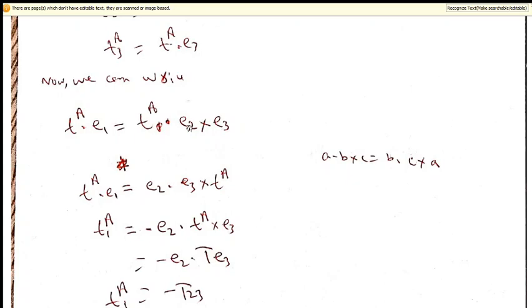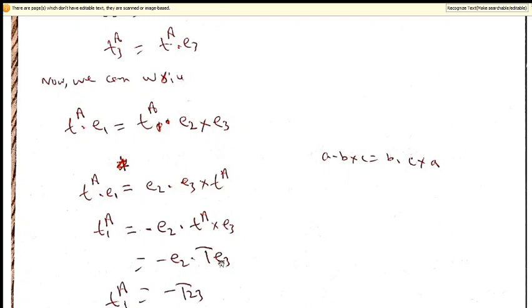Now we have E2 dot E3 cross TA. Now we can change this as TA cross E3. So here will be minus, because we are changing A cross B equals minus B cross A. So we know that this thing is TE3.